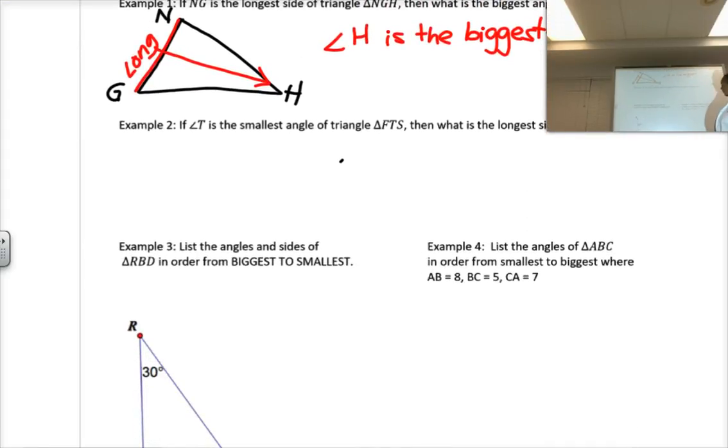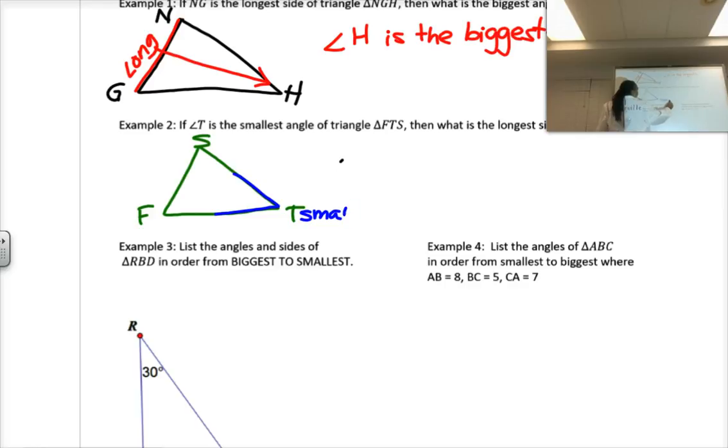So if we're looking at triangle FTS, draw a triangle FTS, and T is the smallest angle. So this angle here is smallest. Then we need to change this to shortest.